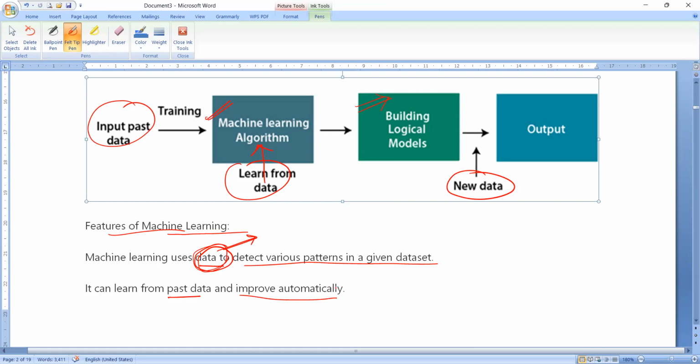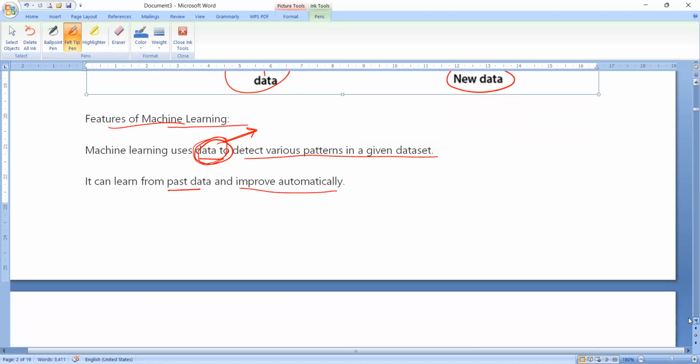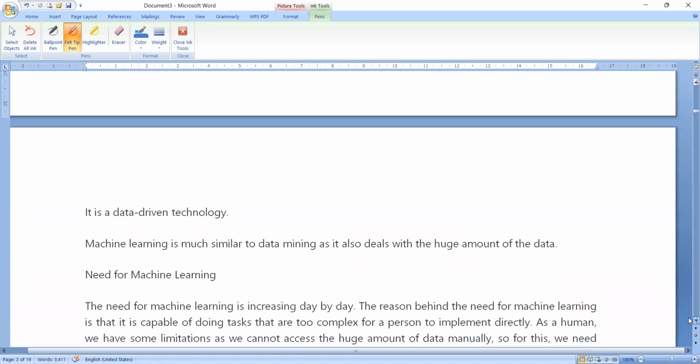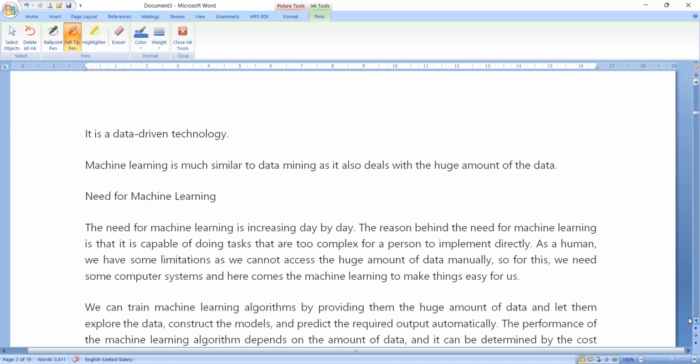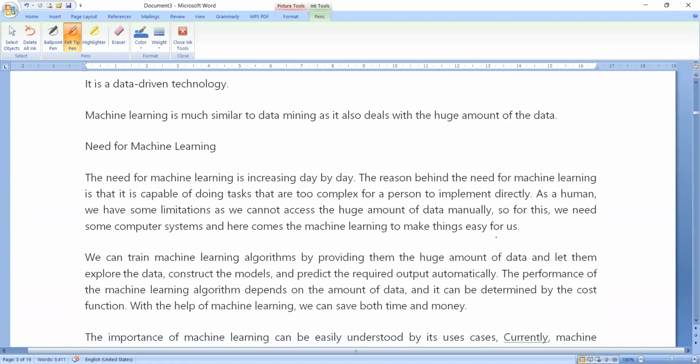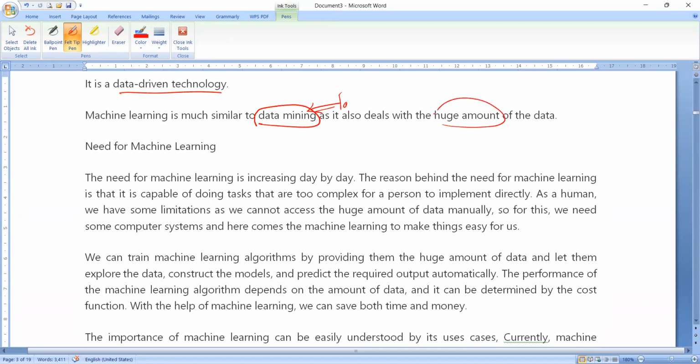This is one feature of the machine learning technique. Next, it is a data-driven technology. We just have to provide data so that it can take decisions. Machine learning is also much similar to data mining, which also deals with a large amount of data.